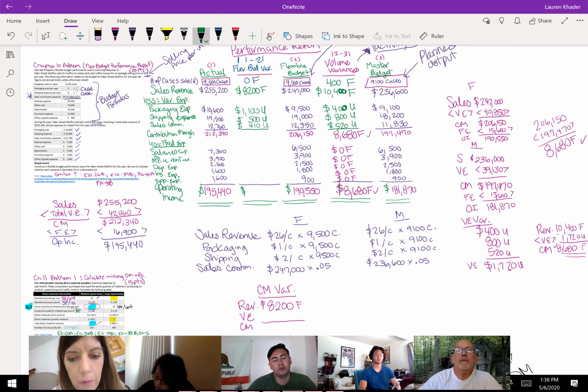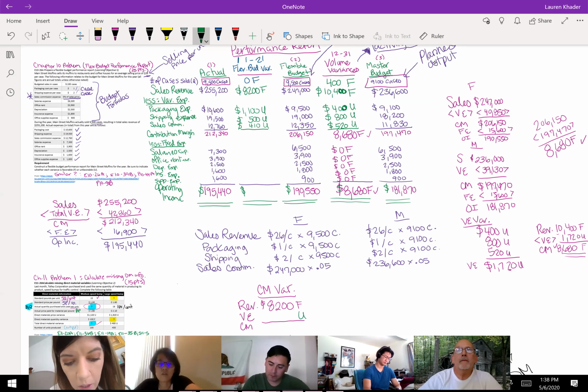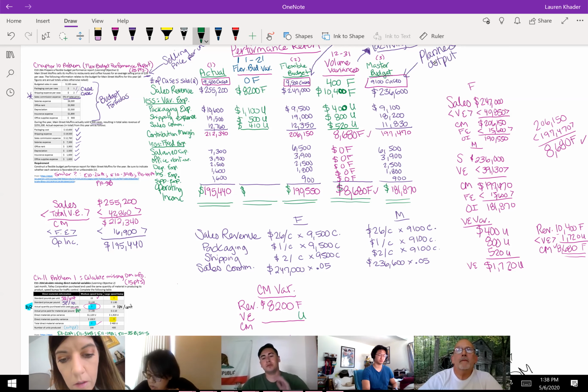For variable expenses, so I'm just going to, for the contribution margin variance, you had a total of how much in variable expense? It's an unfavorable variance of how much? $1,100 plus 500 plus 410, they're all unfavorable. 2,010. Yeah, 2,010 for variable expense variances.